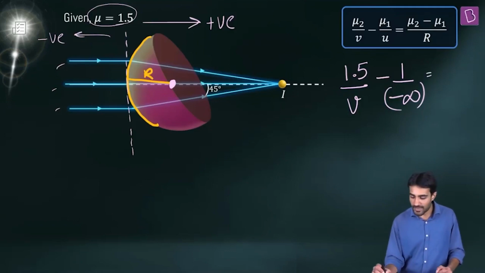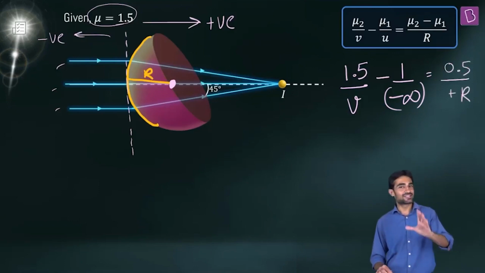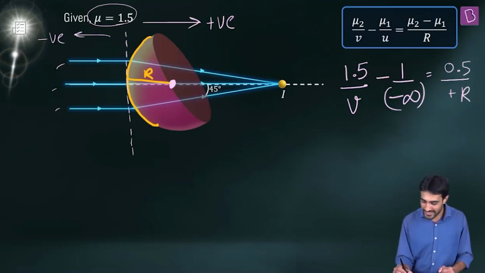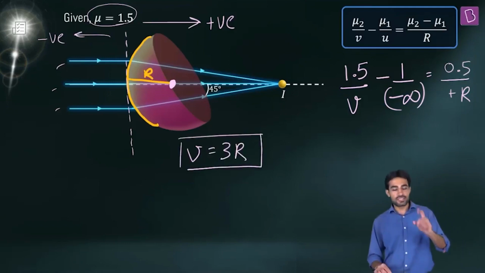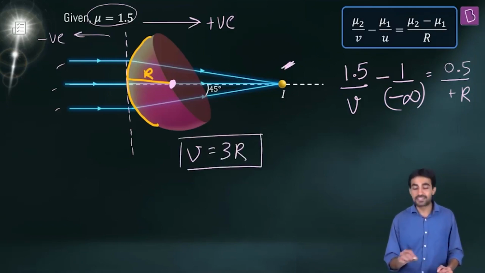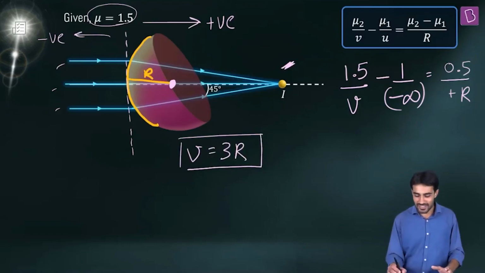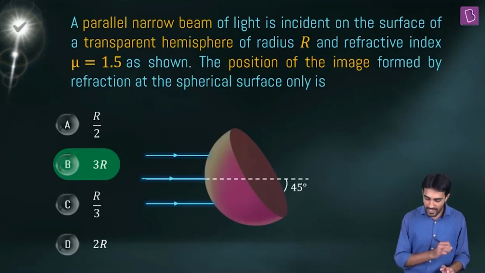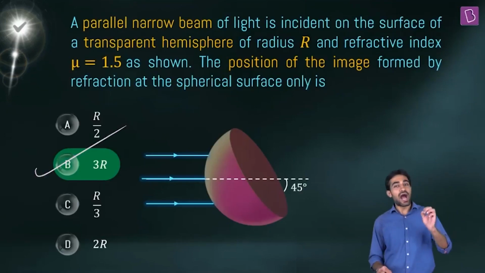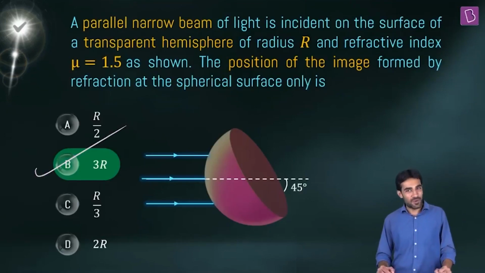Mu2 minus mu1 will be 1.5 minus 1, which is 0.5, and we will divide it by plus R. Good. Everything is good. Now from this you can see V is coming out to be 3R. So this is the location of the first image formed by the first refraction itself. Now we can mark option B, 3R, as the right answer for this question.